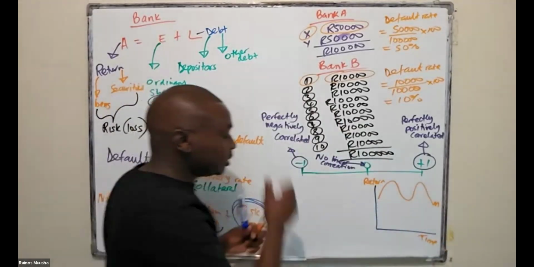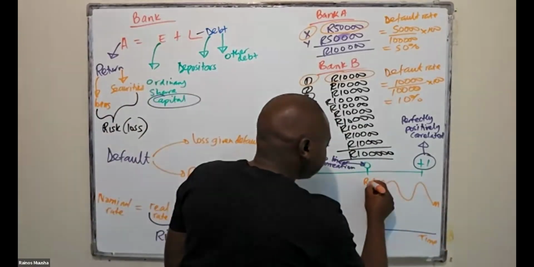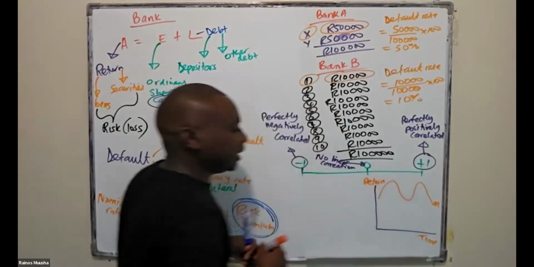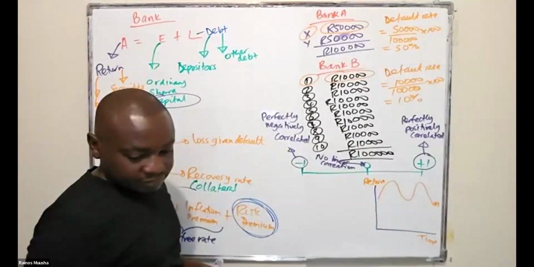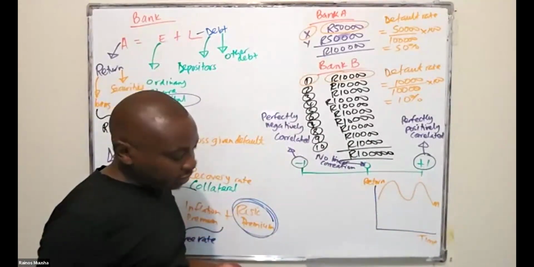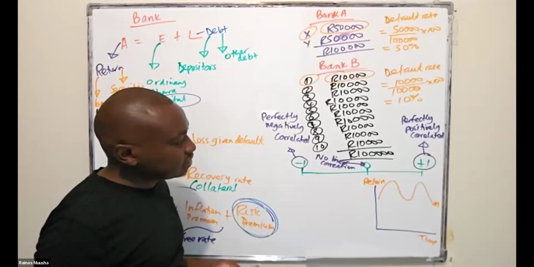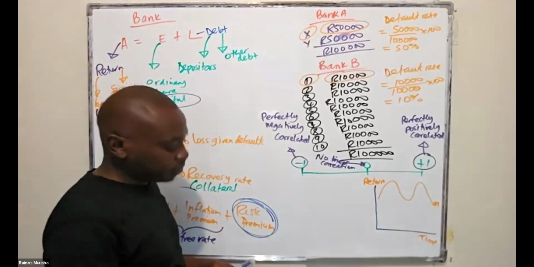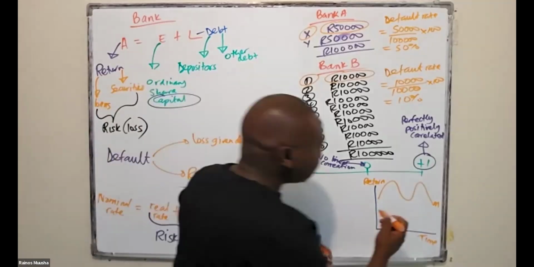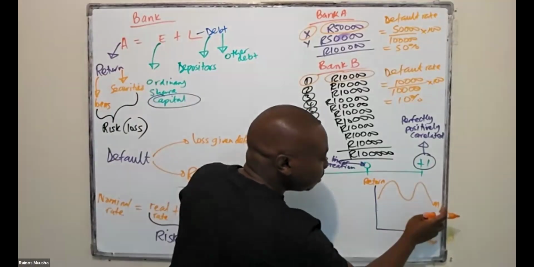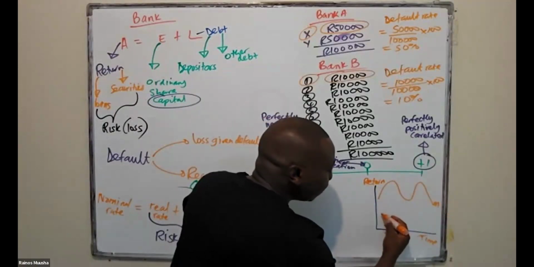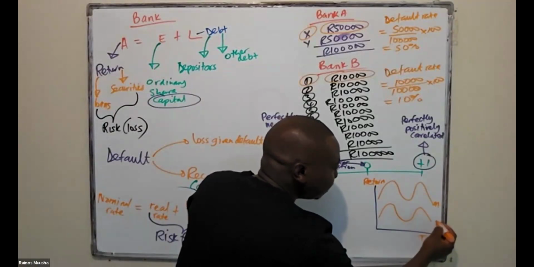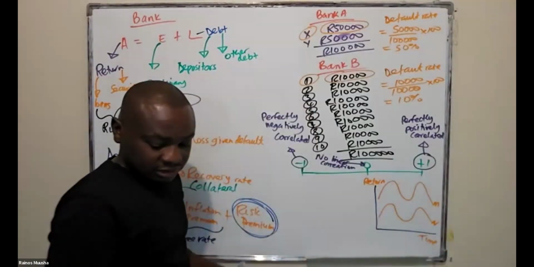When we say the securities are positively correlated, we are simply saying that they are more or less moving in the same direction.